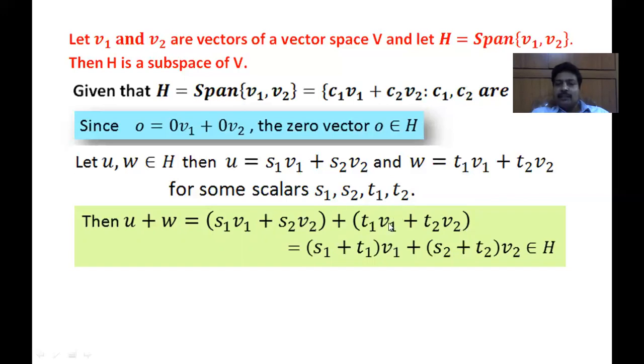We can rearrange this addition as this one. So now U plus W is in the form of some scalar multiplied by V1 plus another scalar multiplied by V2. So it is in the form of C1 V1 plus C2 V2, where C1 is equal to S1 plus T1 and C2 is equal to S2 plus T2. So I can say that U plus W is in the span of V1, V2, that is H. So this belongs to H.